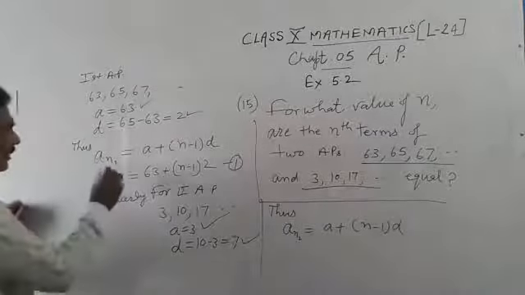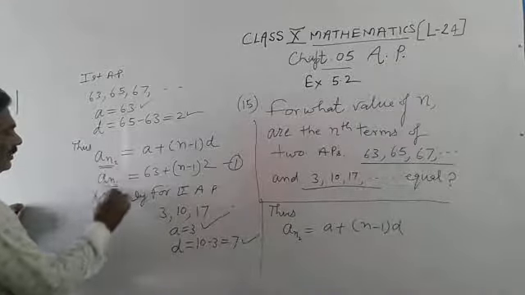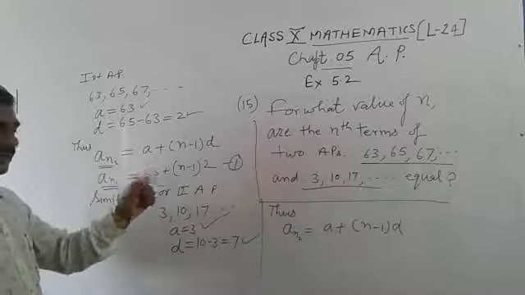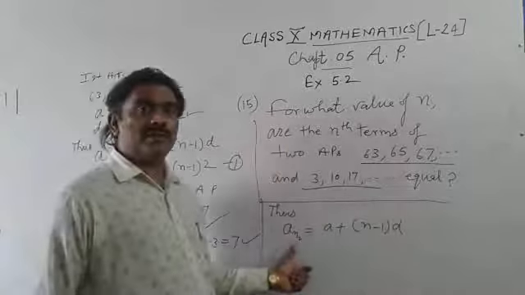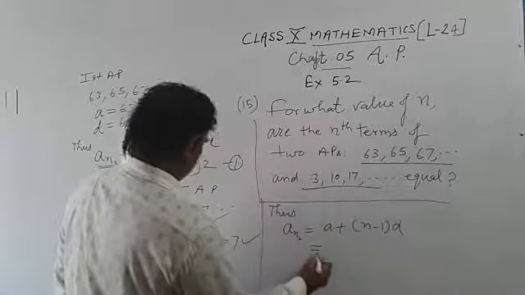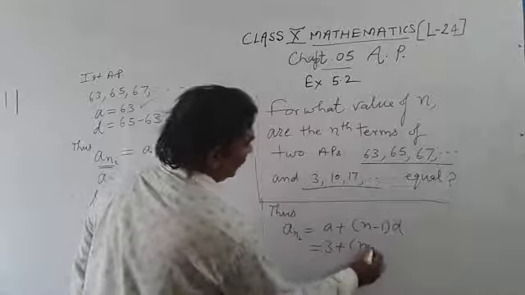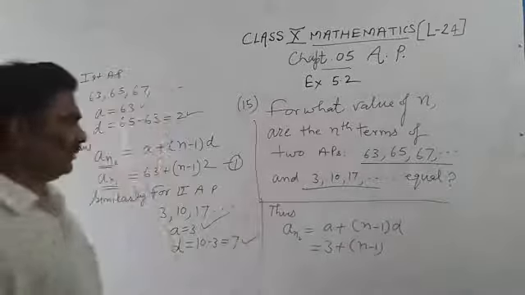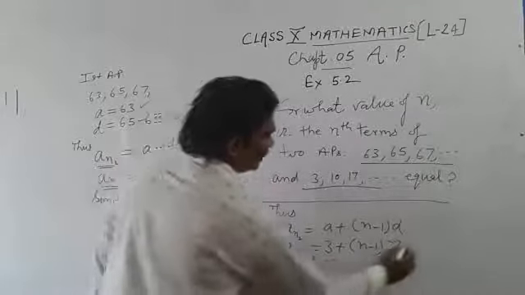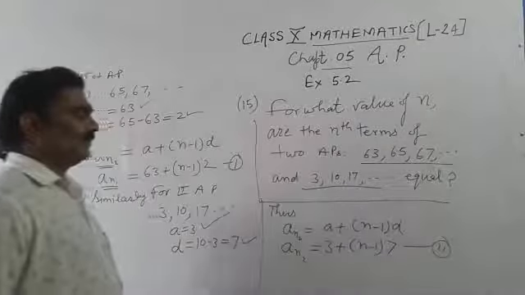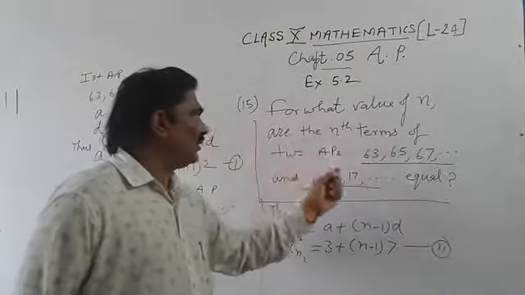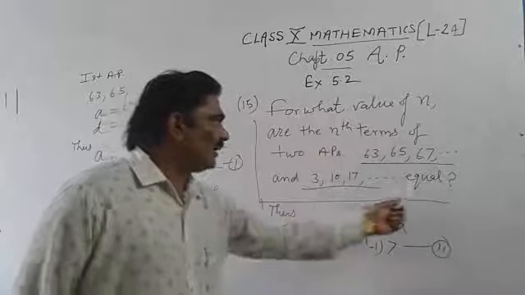We take 1 here to show that an1 is the nth term of the first AP, and here we write an2, meaning the nth term of the second AP. Now A is 3 plus n minus 1 and D is 7. This is an2. So now, for what value of n are the nth terms of the APs equal?